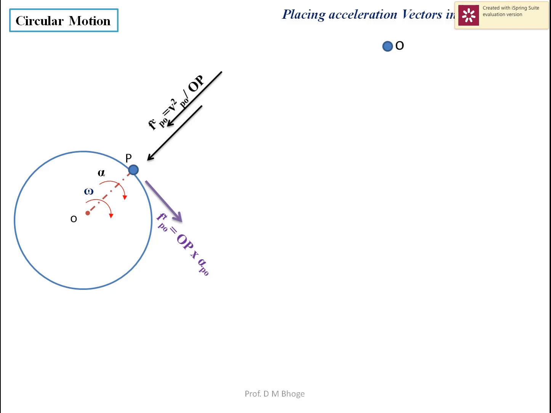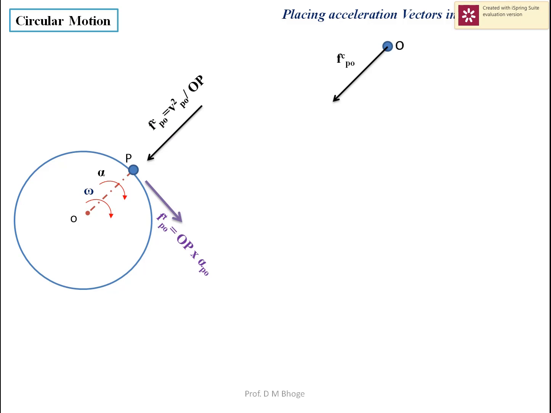So we'll pick up this vector FCPO and place the tail of the vector at O, because FCPO will be represented by vector OP. O will be the start point of the vector, or P will be the end point of the vector. So this is FCPO.